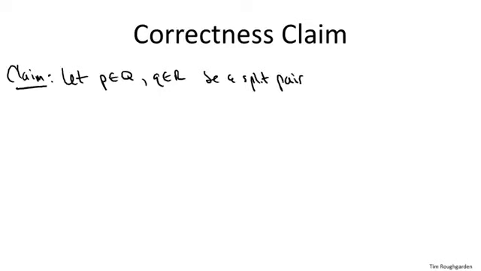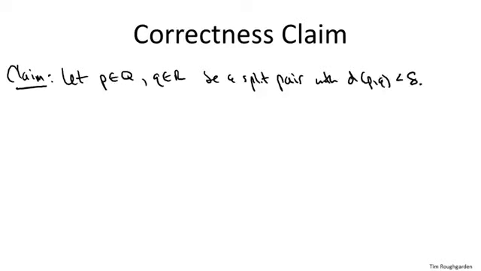So let me phrase the claim in terms of an arbitrary split pair which has distance less than delta, not necessarily the closest such pair. So suppose there exists a point p on the left side and a point q on the right side, so that is a split pair. And suppose the distance of this pair is less than delta. Now there may or may not be such a pair of points p, q. Don't forget what this parameter delta means.